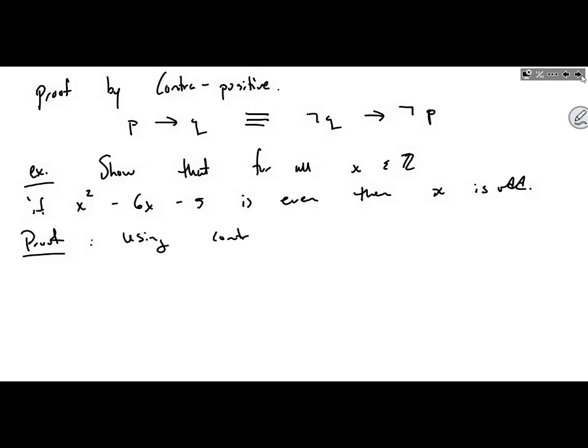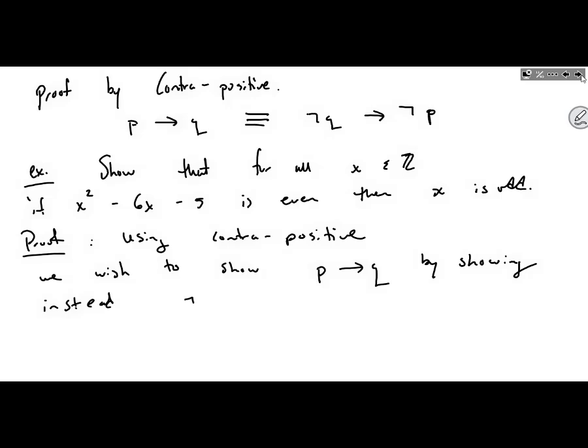Using the contrapositive, we wish to show P implies Q by showing instead not Q implies not P.